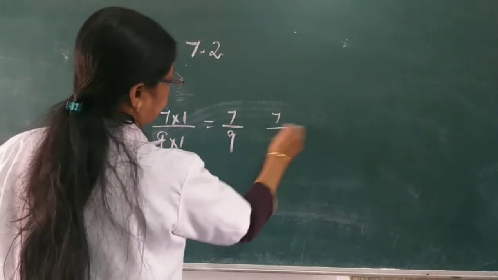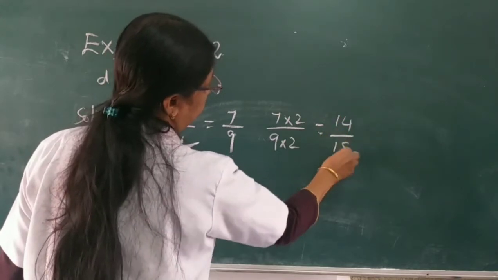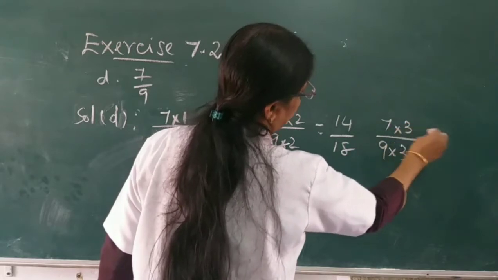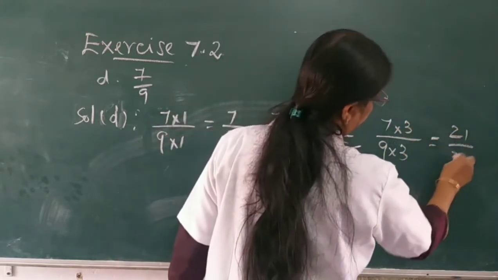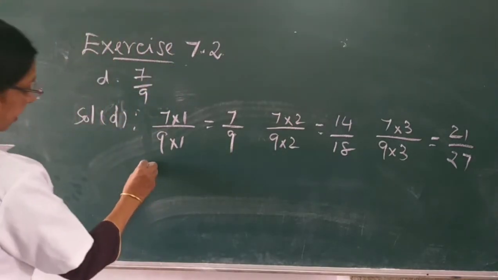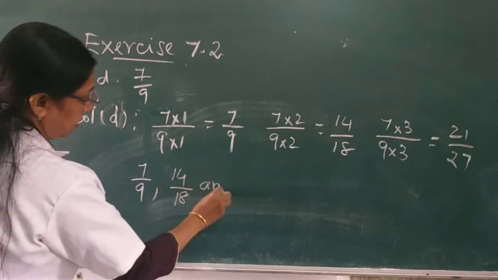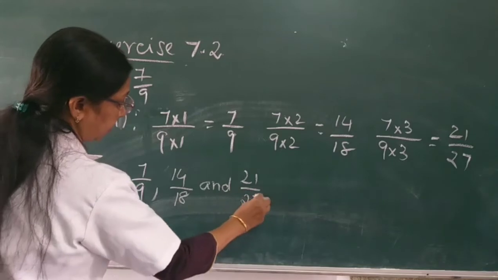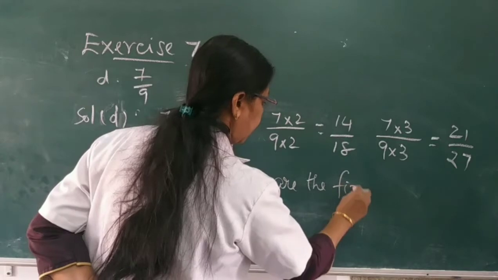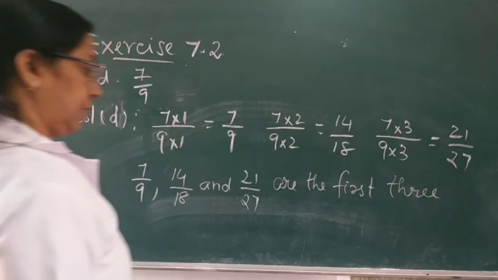Now second one, 7 by 9 into 2 into 2, that is 14 by 18. Now 7 by 9 into 3 into 3, 21 by 27. Now we can write 7 by 9, 14 by 18 and 21 by 27 are the first 3 equivalent fractions of 7 by 9.